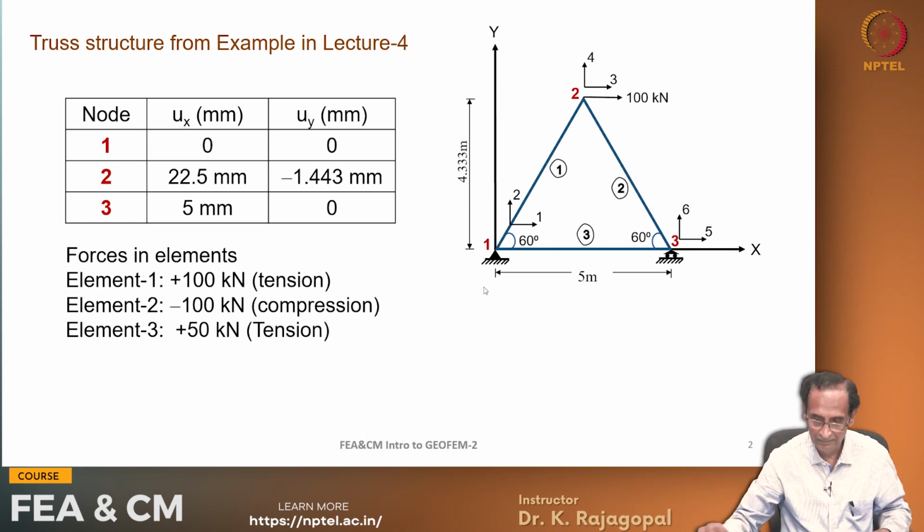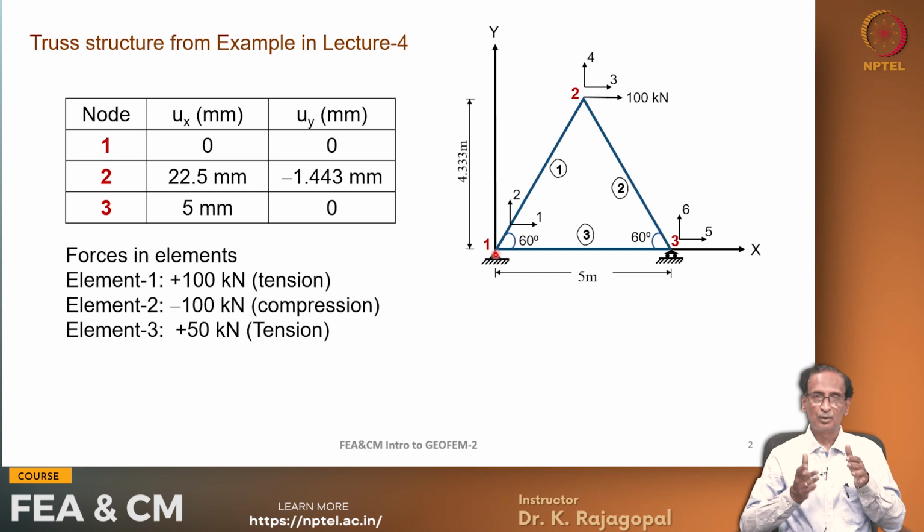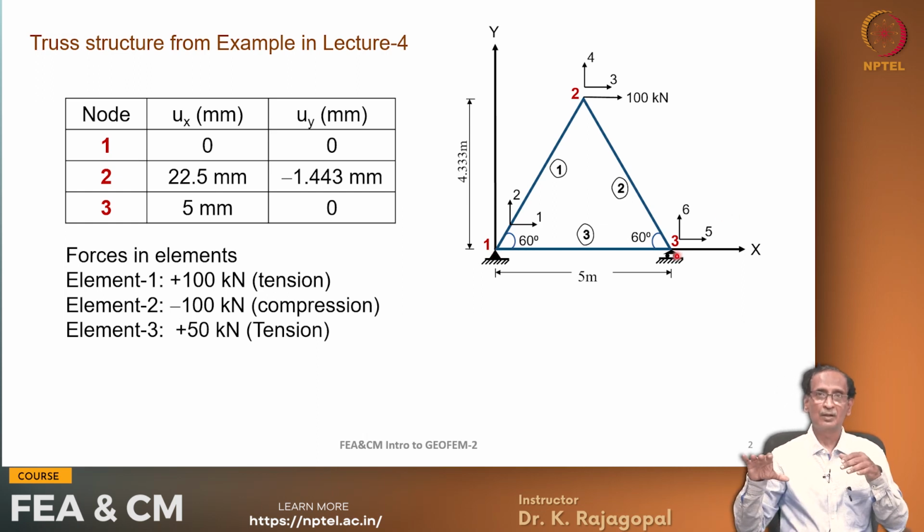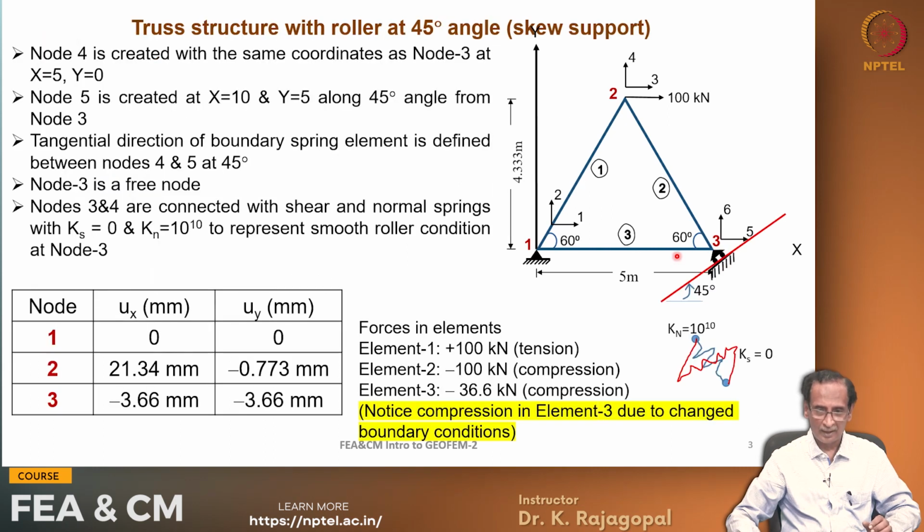The way we saw it, the left hand side support is on a hinge where you do not permit both x and y direction displacements, whereas the node 3 is supported on a roller. It can translate horizontally or in the x direction, but cannot move in the y direction. And let us see what happens in some other boundary conditions.